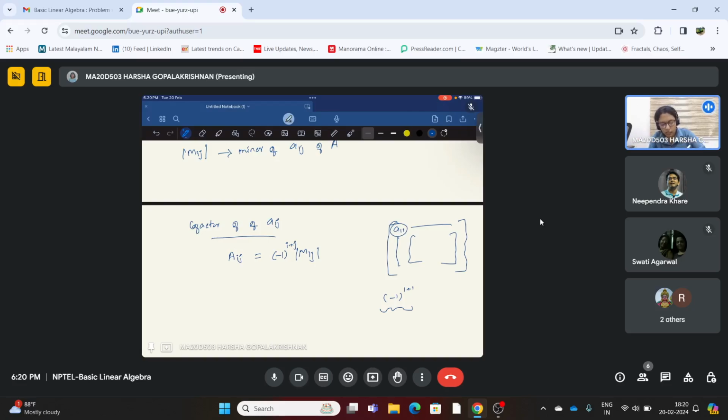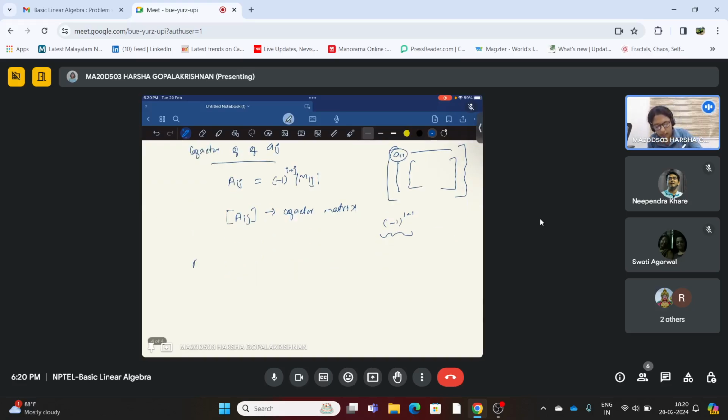So the cofactor matrix: take an element Aij, remove the corresponding row and column, find the determinant of the remaining n minus 1 by n minus 1 matrix, multiply that value with minus 1 power i plus j, and write it in the Aijth position. The matrix obtained like that is the cofactor matrix.